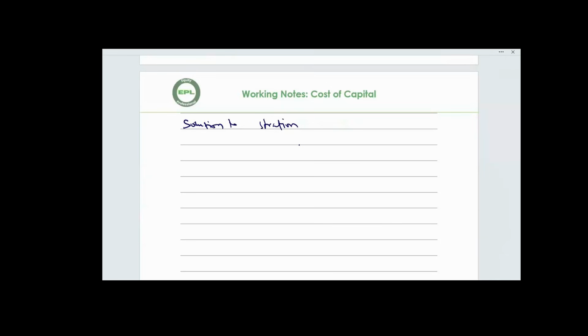Solution to illustration 15, page 48. All right.